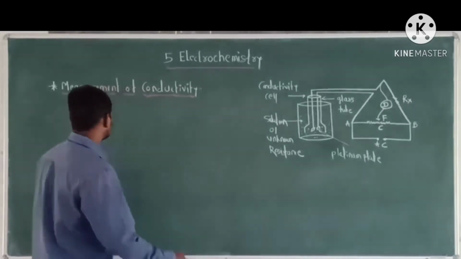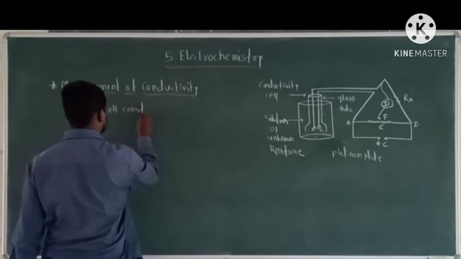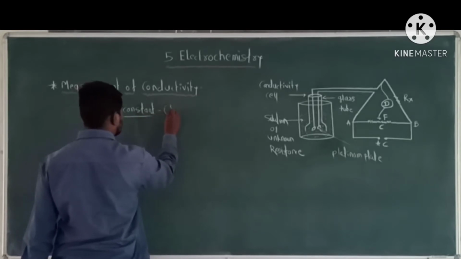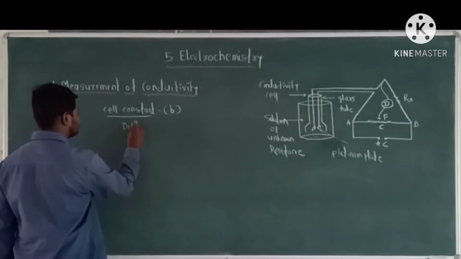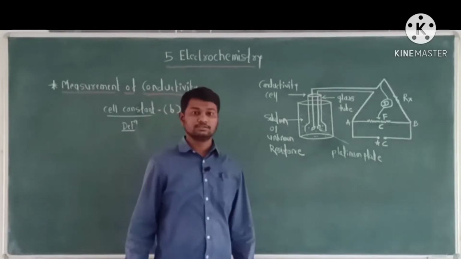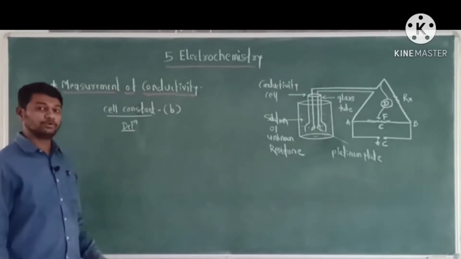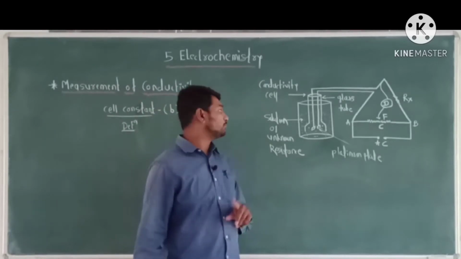Okay. Now next, cell constant. Cell constant is denoted by small b. Definition: a cell constant is the ratio of the distance between the two electrodes, that is length l, divided by the area of cross section A of the electrode.